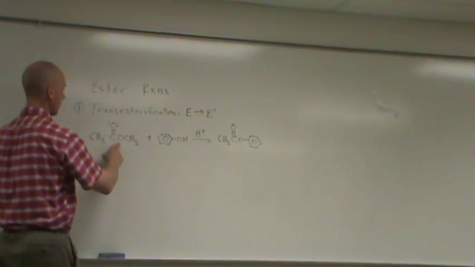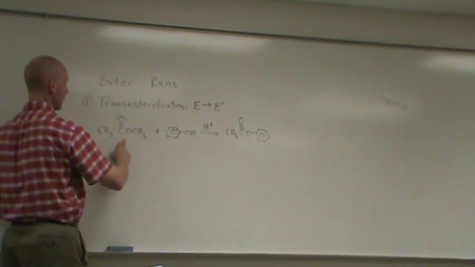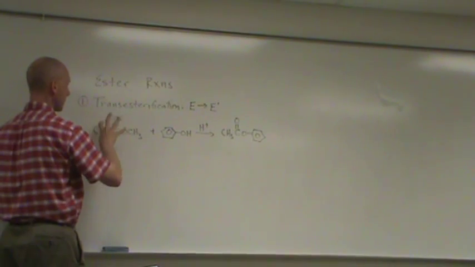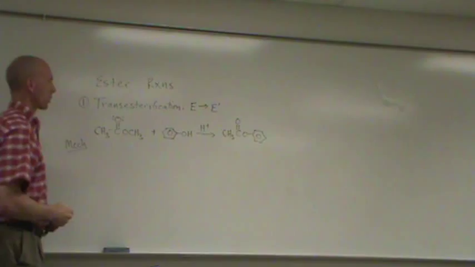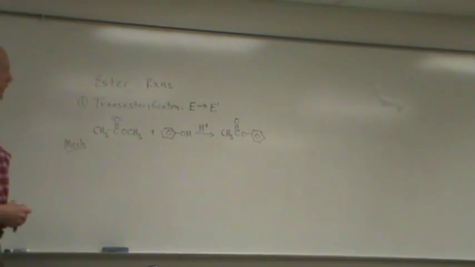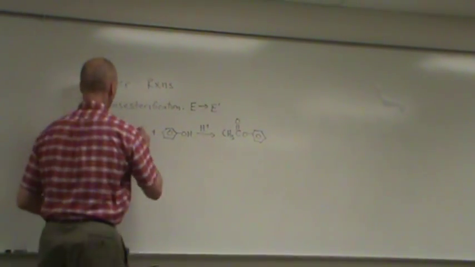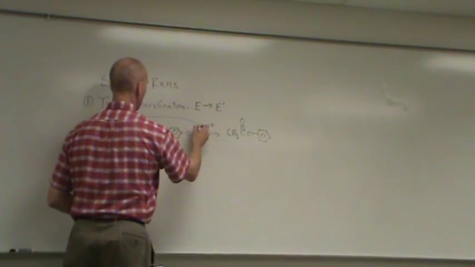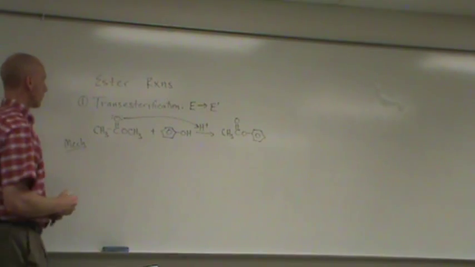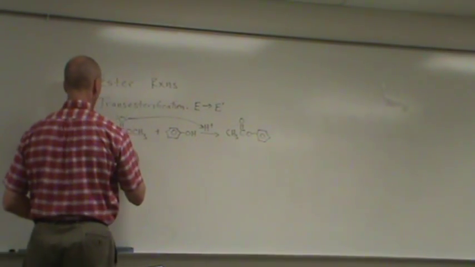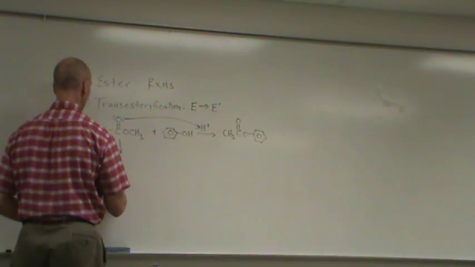The reason for that is that this thing here is not a very good leaving group, so I need to activate the molecule a little bit. So I'm going to protonate the carbonyl to make that carbonyl more reactive.